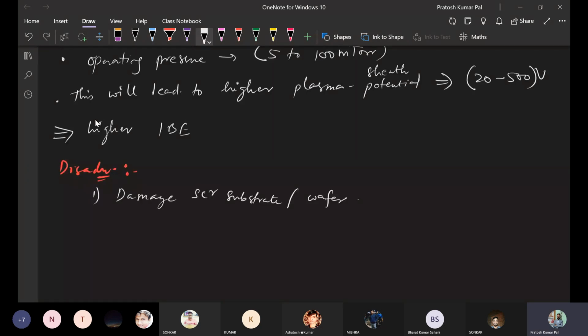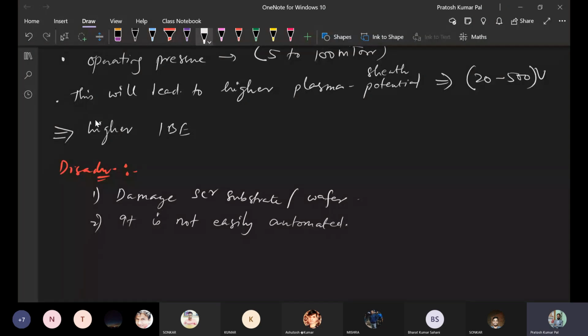And another disadvantage of this technique is that it is not easily automated. We cannot automate it easily. We have to do this manually, step by step. So it is difficult to automate basically.